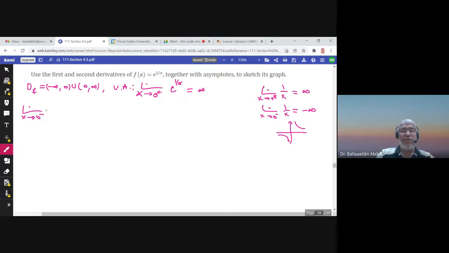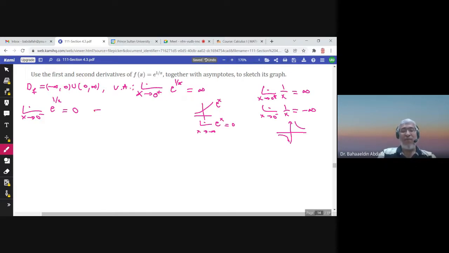And so the limit when x approaches 0 from the left of e to the power 1 over x would be e to the power negative infinity. And actually, e to the power negative infinity is 0, because this is the graph of e to the power x: the limit of e to the power x when x approaches negative infinity is 0.